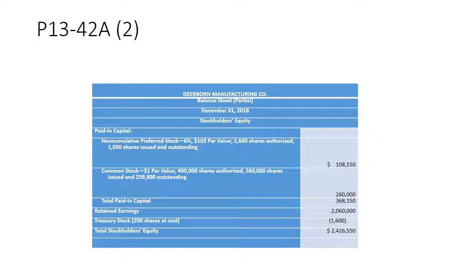But watch what happens with common stock. In part 2, they're giving us the number of shares that are authorized after the stock split. So common stock now has a dollar par value. 400,000 shares are authorized to be sold. Of that, 260,000 shares are sold.